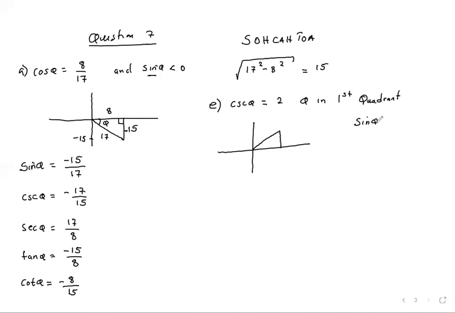Which one is the answer for question A? We have 5 answers to question A. Sine, cosec, sec, tan, cot. So even here, I'm going to have 5 answers. So this is our theta.